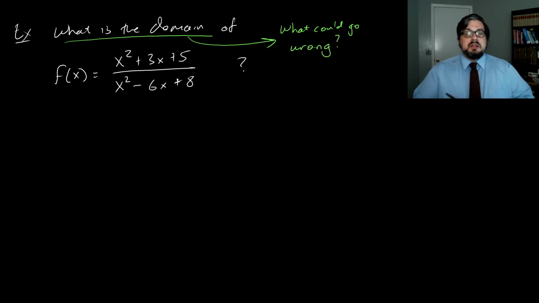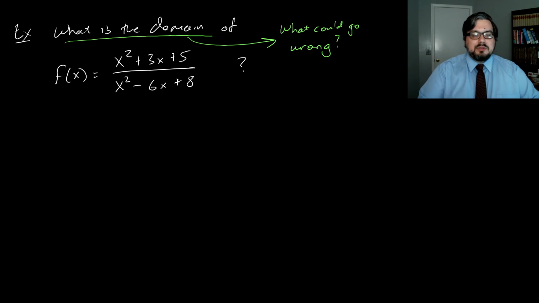In general, if we operate on two numbers, if we add them, subtract them, multiply them, or divide them, most of the time we get a real number back. What can go wrong is when we do things like divide by 0. And that's what can go wrong here.